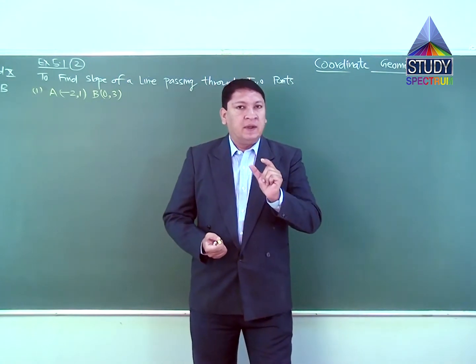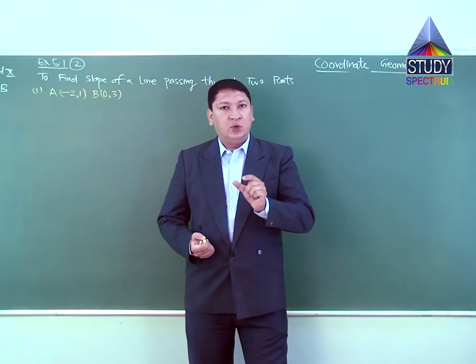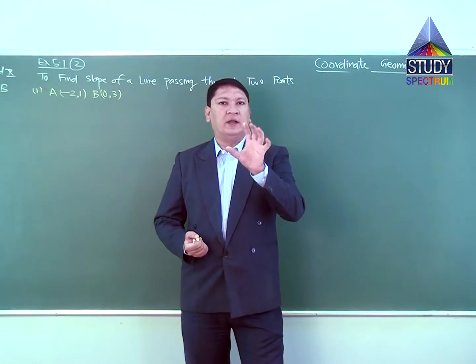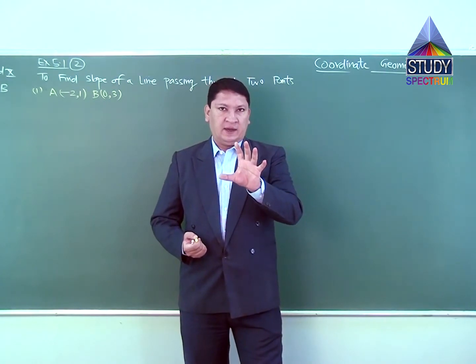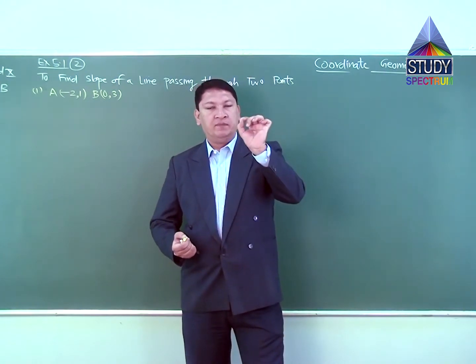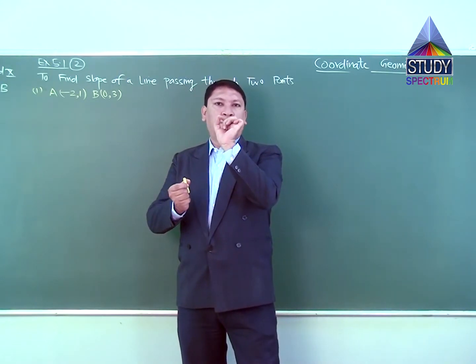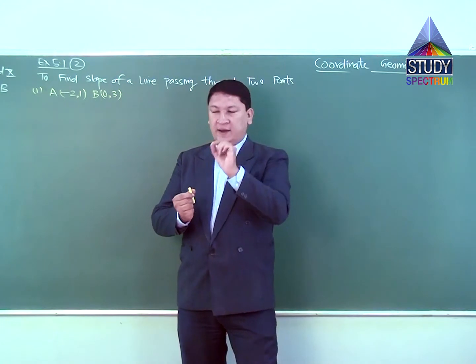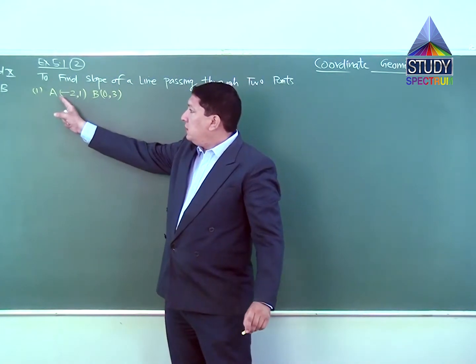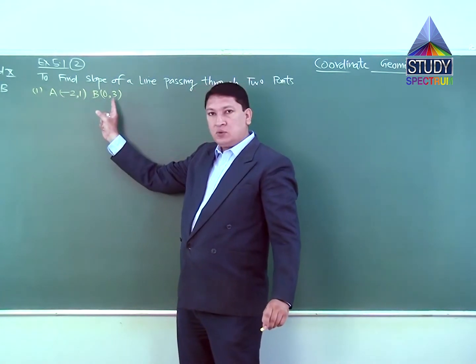These coordinates help us to identify the location of a point in a graph, like x coordinate, y coordinate. So with the help of coordinates, we identify the actual location of a point on a graph.